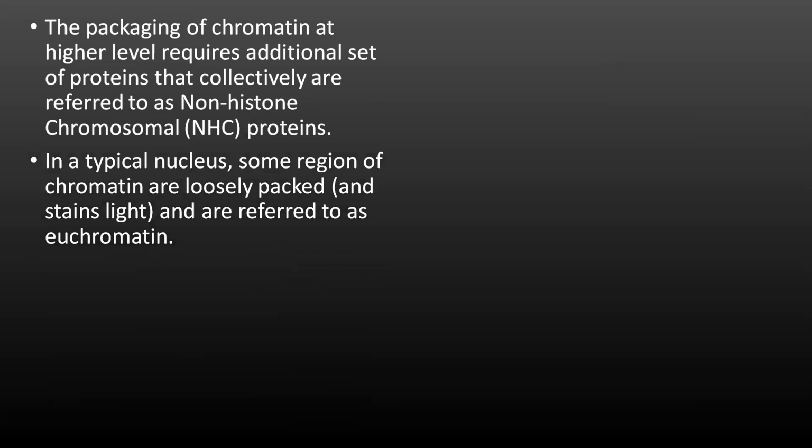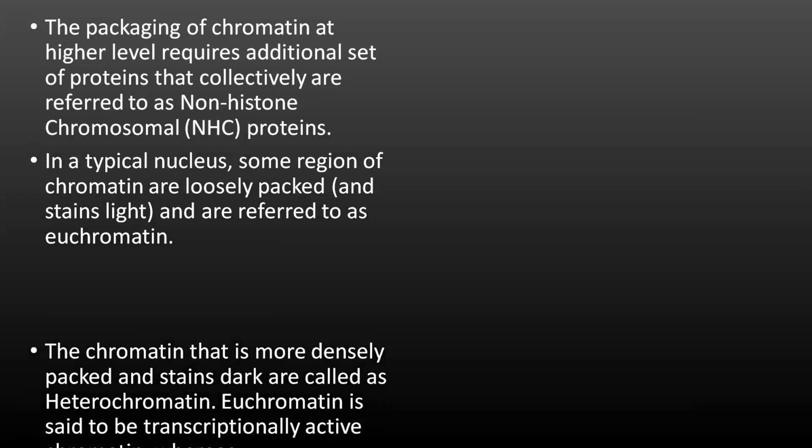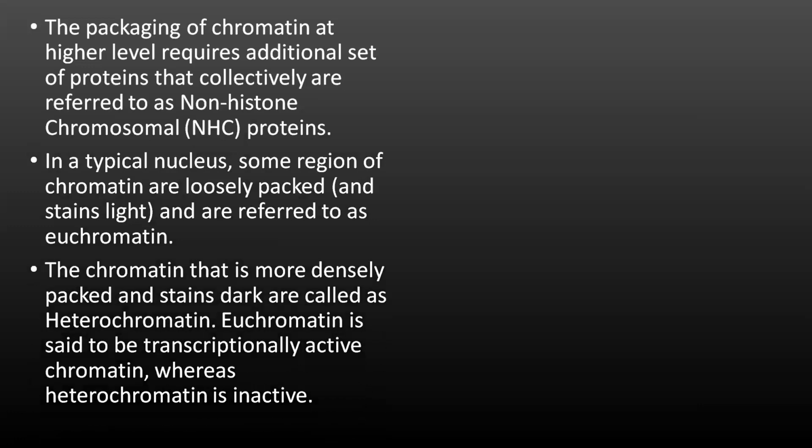In a typical nucleus, some regions of chromatin are loosely packed, and these are referred to as euchromatin. The tightly packed chromatin is called heterochromatin. The chromatin that is more densely packed and stains dark is called heterochromatin. Euchromatin is said to be transcriptionally active chromatin, whereas heterochromatin is inactive.